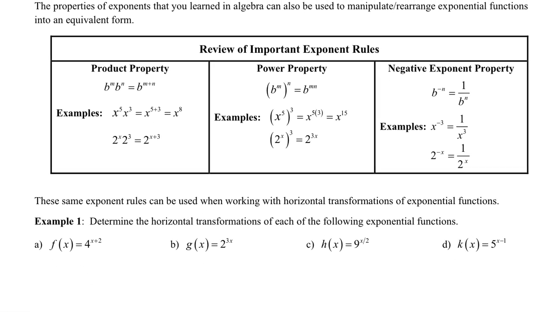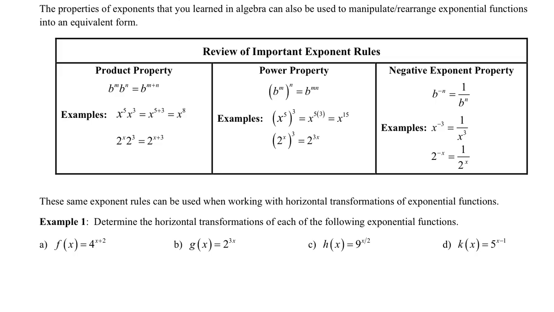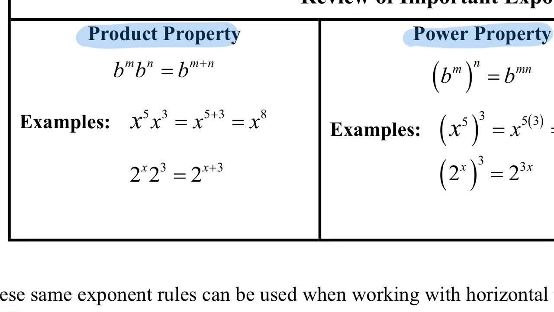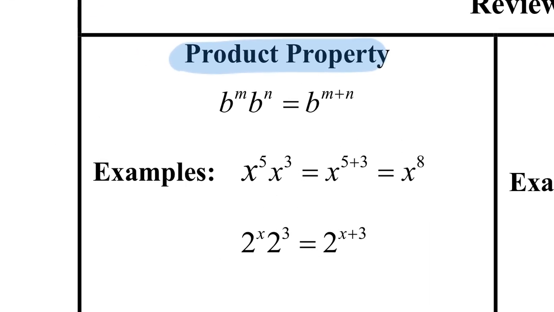Most of our manipulation is going to come from three major properties of exponents. The first being the product property, the second being the power property, and the third being the negative exponent property. From our previous schooling, maybe your first 2 or 3 years of high school, we talked about exponentials and the shortcuts involved with those exponentials.